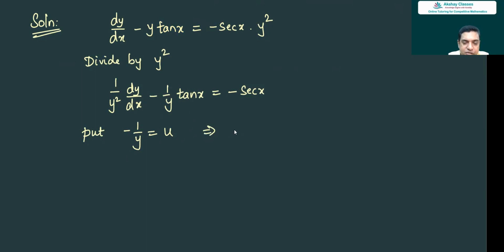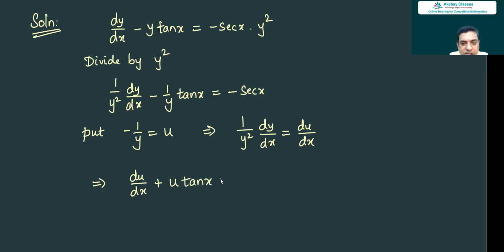Differentiating, minus of minus 1 by y square dy by dx is equal to du by dx. One by y square dy by dx is du by dx. So this implies du by dx plus u tan x is equal to minus secant x.